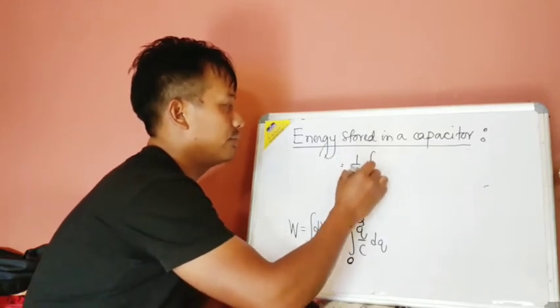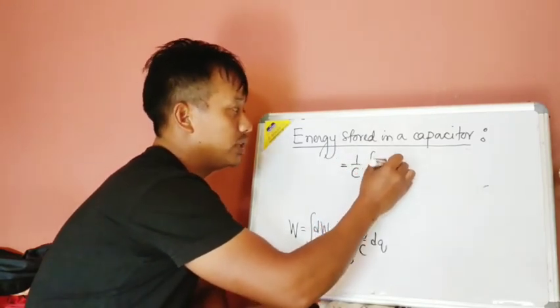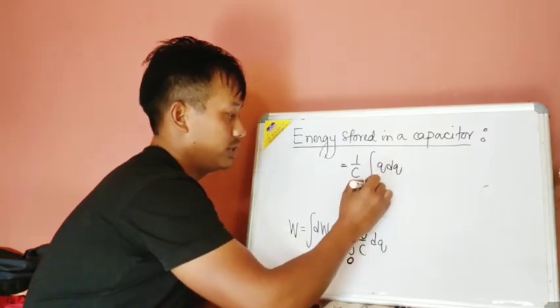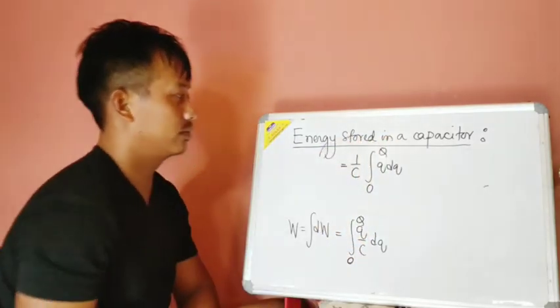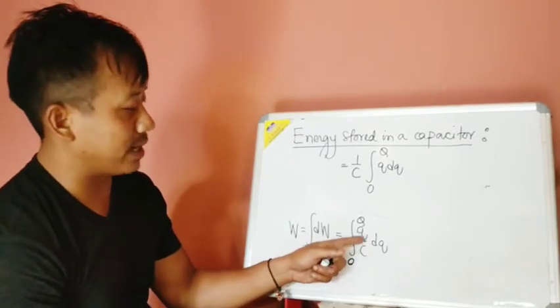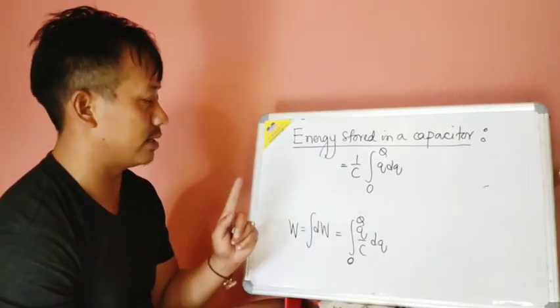So this will be the integral of q dq from 0 to Q, with 1 by C taken outside.